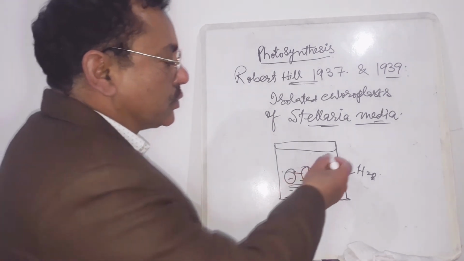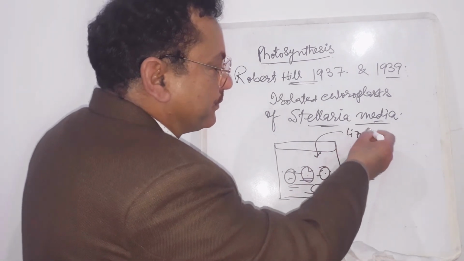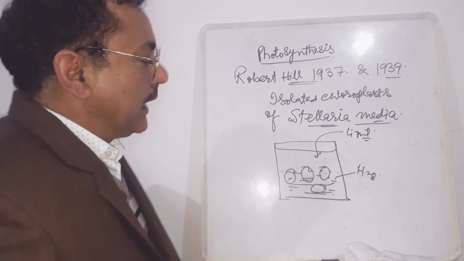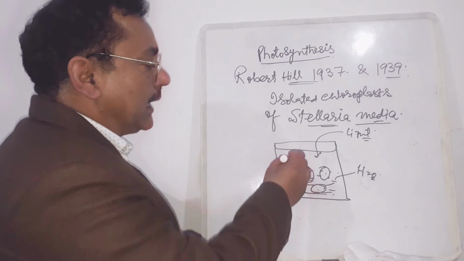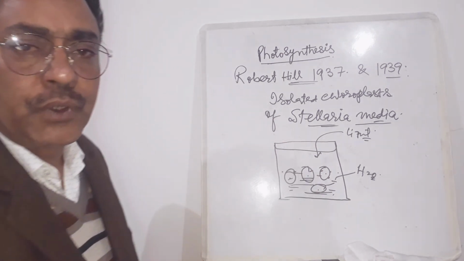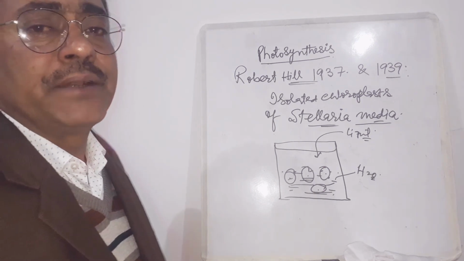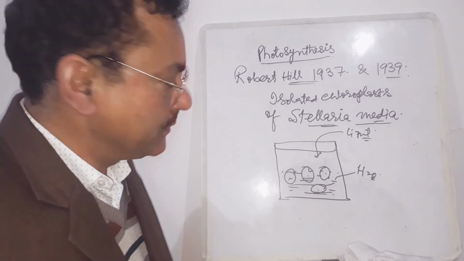And he also illuminated this. So light was made available. And also he put an oxidant, an oxidizing substance, that is a substance which can accept the electrons.